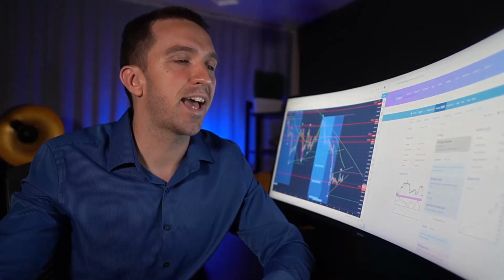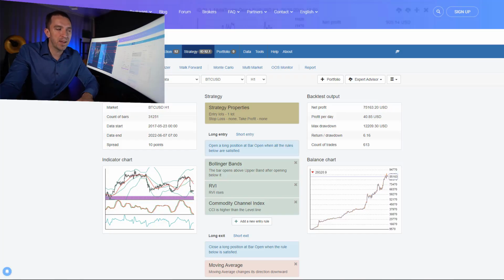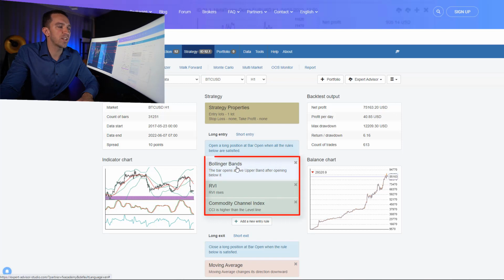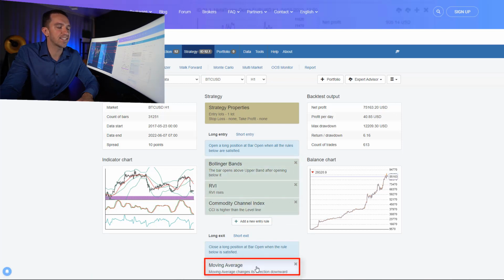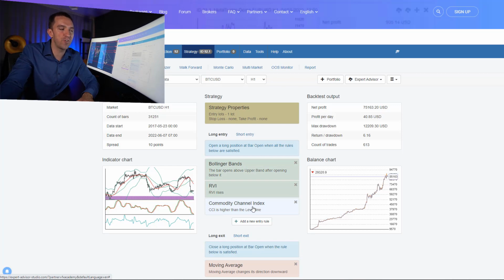So what is actually the strategy? If you look at my screen, you will see that we have 3 entry indicators and 1 exit indicator. The 3 entry indicators must confirm before you open the trade.